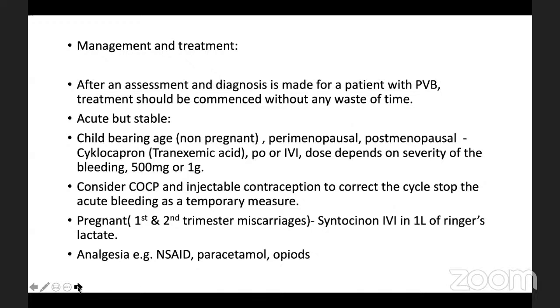And then in other women that, even if they're acute but stable, you are not really going to be admitting, it's important that we talk to them about combined oral contraceptives, because we need to try and correct the bleeding in terms of the cycle, so that their bleeding goes according to the menstrual cycle. These are temporary measures that we take, and injectable contraceptives can also be used for this purpose temporarily.